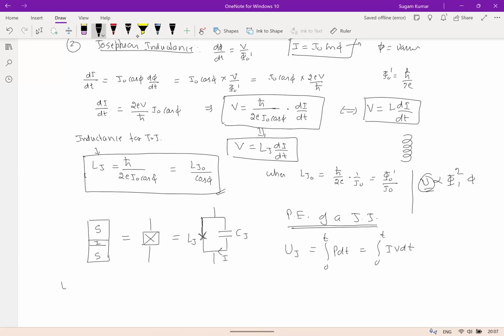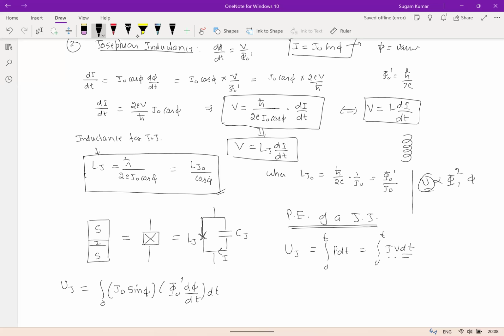And look here, I can put the values. So I is what? I naught into sine phi. And what is the voltage? Look at the above equation: we have phi naught dash times d phi by dt, into dt.